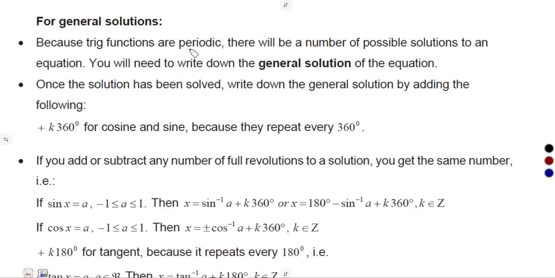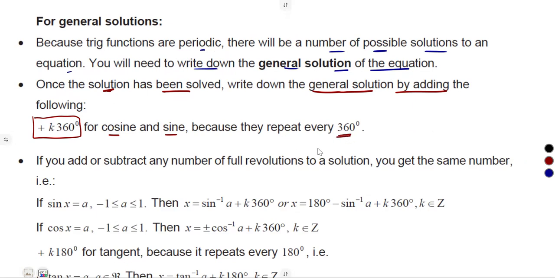Because the trig functions are periodic, there will be a number of possible solutions to an equation. You need to write down the general solution of the equation. Once the solution has been found, write down the general solution by adding k times 360 degrees for cos and sine graphs, because they repeat every 360 degrees.